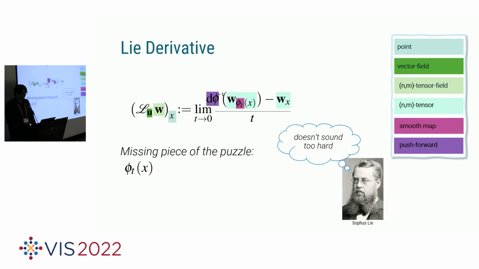Sophus Lie solved this puzzle, and he defines this map just as a curve that goes along U. So we have an input vector field, and that's important here for the Lie derivative, we need an input vector field U. And we take curves along this vector field to define this diffeomorphism. And once we have the diffeomorphism, the rest is clear. There follows a push forward, there follows an inverse push forward, so we can suddenly do the subtraction here, we can divide by t, and we can do the limit case when t goes to 0. And this is exactly the definition of the Lie derivative.